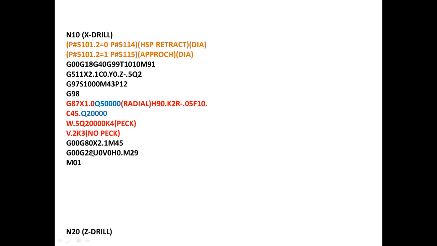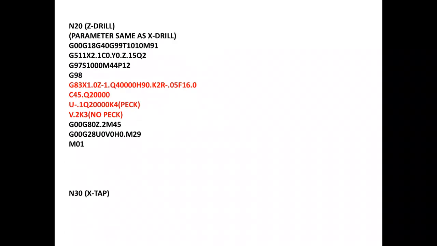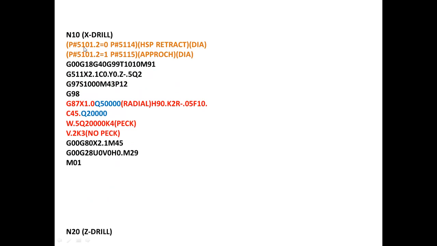Once we understand this X-axis drilling cycle, the Z-axis is exactly the same. So I will go to the Z drilling cycle, next page. The parameter we're going to use is the same as the X drilling cycle parameter, which is 5101.